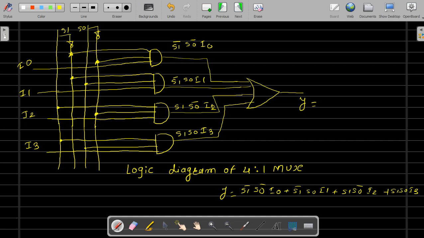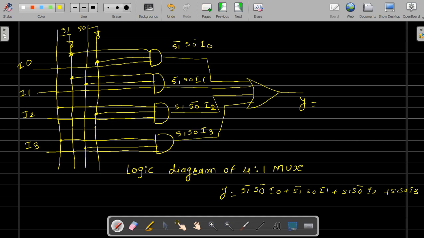Now you can see here, this is my S1 and S0, these are my selection lines, and this is S1 bar, this is S0 bar. As I want S1 bar S0 bar I0, this is my I0 input, this is S1 bar, this is S0 bar. 3 inputs are given to this AND gate, which will give me S1 bar S0 bar I0.